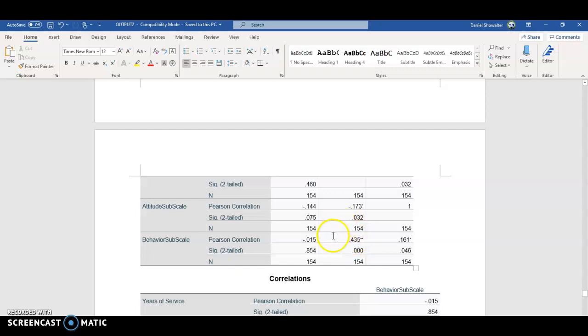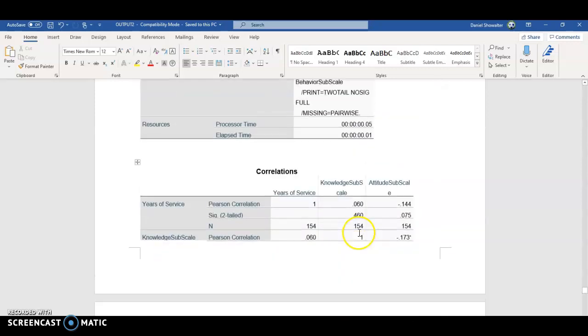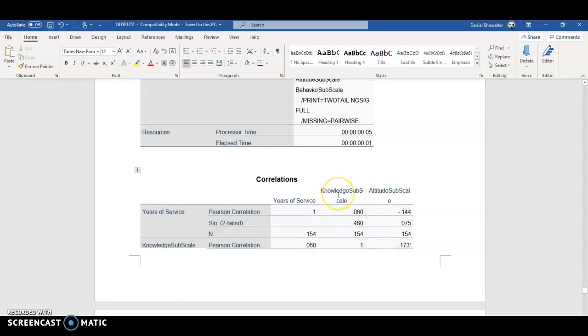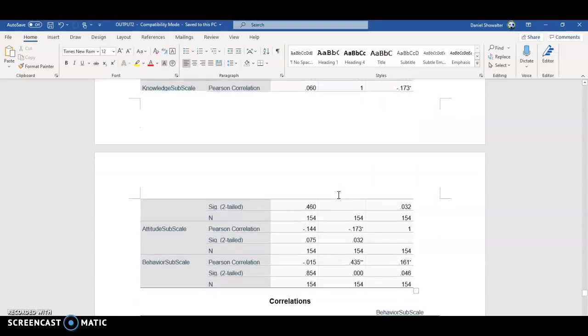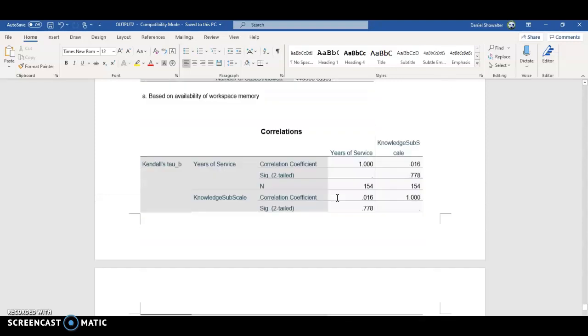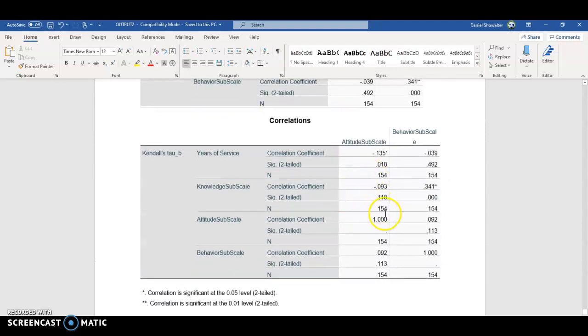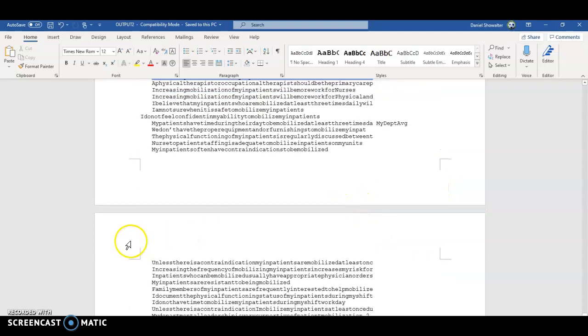But in terms of getting things done and actually creating the behavior, it looks like knowledge. And I think you'd find similar relationships down here, maybe slightly different in how strong they are. So that's the correlations.